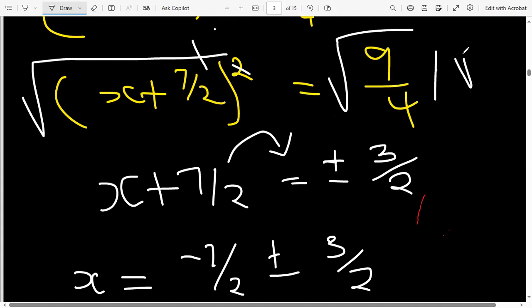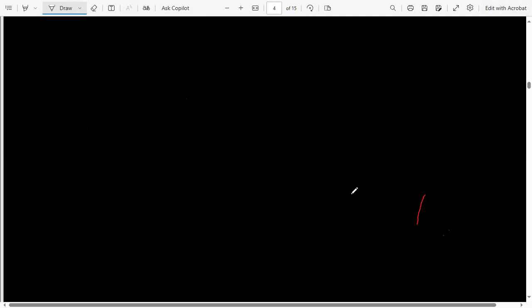Okay. So let's say we have the square root of 5 over 4 like this. Okay. So there you realize that 5 does not have a perfect square root. So you can leave your answer just like that. Let me write it down.